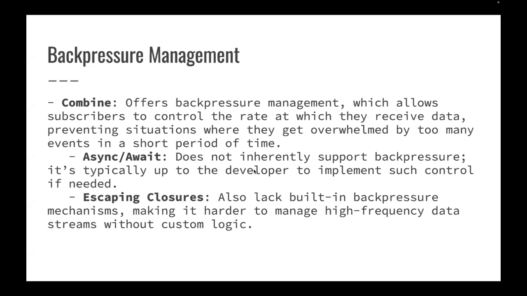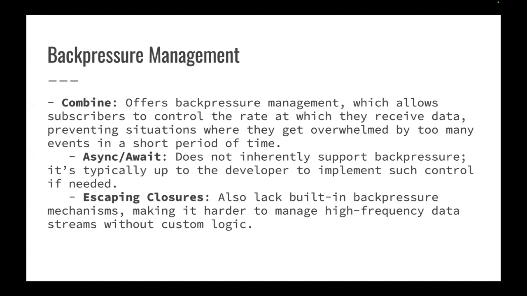Back pressure management. Now let's talk about back pressure for a second. Back pressure is when you make an API call, lots of data comes back, but it comes back so fast, so much of it, that it's hard to process it. So back pressure kind of slows this down and assists in the processing of this data.